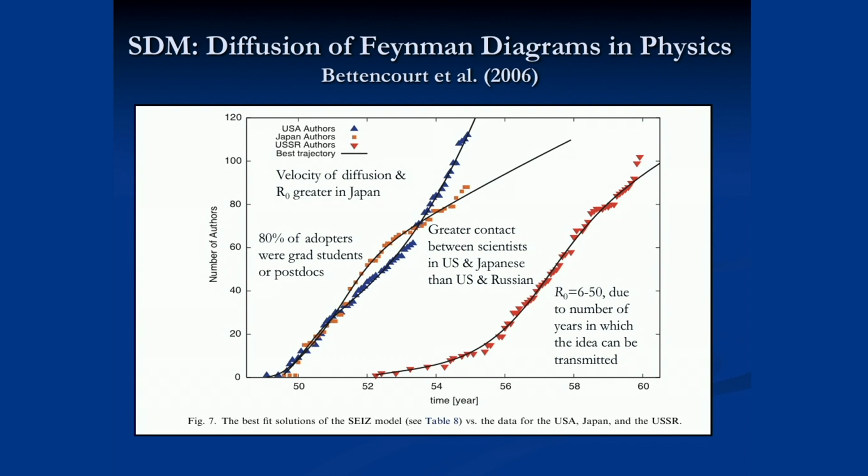So they started in America, Feynman was an American, and they spread fairly quickly to Japan because there was contact between those two academic communities of physicists, whereas they took longer to spread to Russia, where there wasn't that contact. The velocity and the rho, i.e. the number of people each individual infected with the idea, was greater in Japan than in the other two countries.